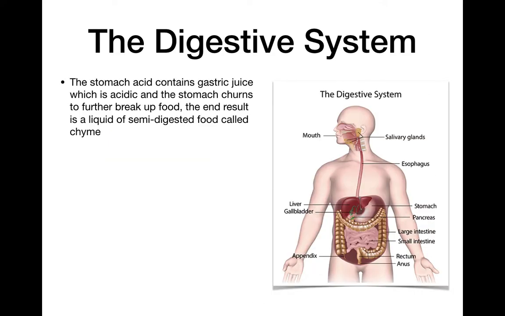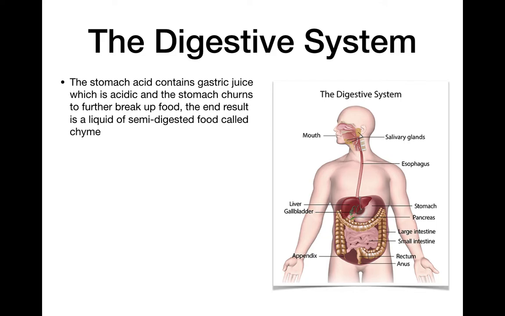Once it gets into the stomach, it contains stomach acid, also known as gastric juice, and it's acidic. And that's part of the chemical digestion. The stomach acid contains other enzymes too that help break down the food further, specifically proteins get broken down in the stomach. The stomach will actually churn. I'm sure you've felt this before, your stomach kind of churning and moving.